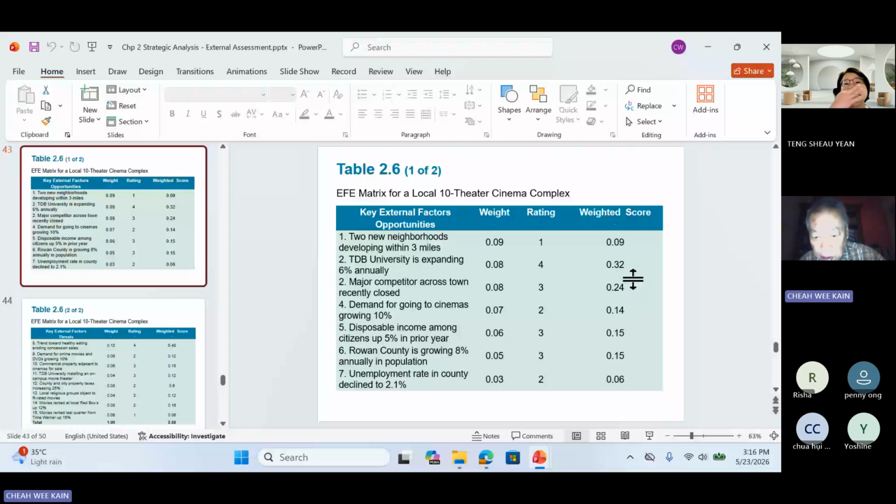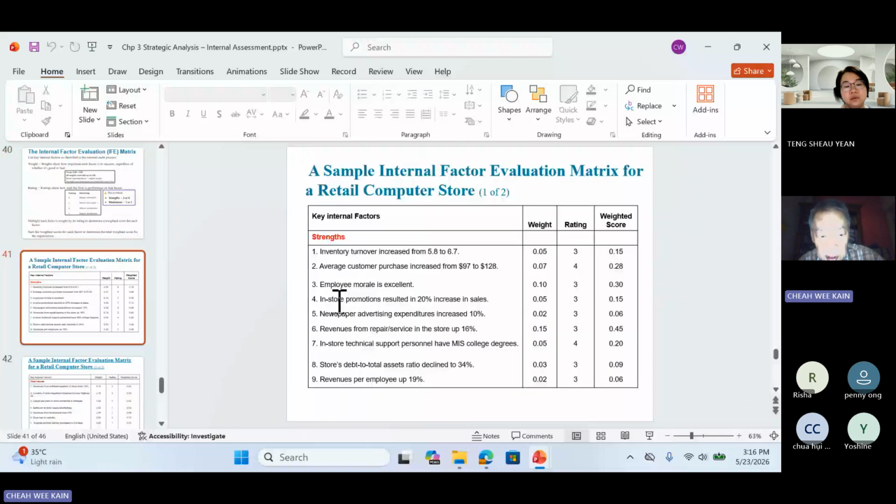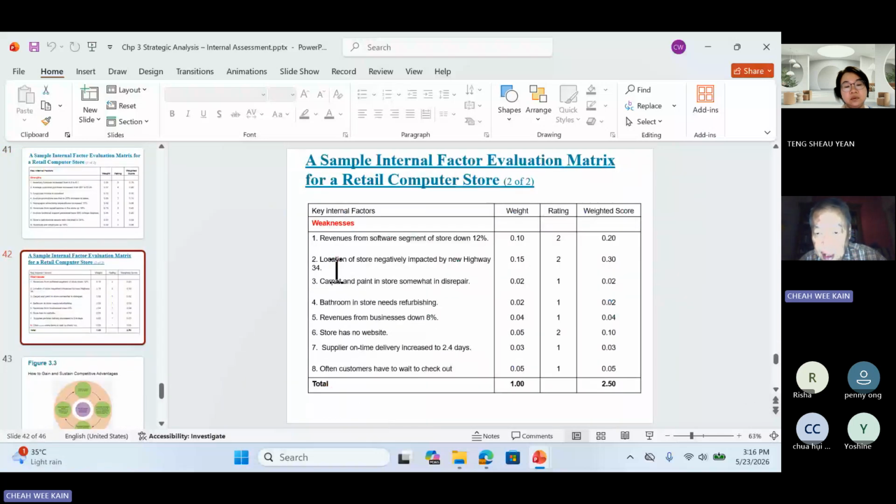Now if you go to chapter 3, you will have the same thing for your internal factor evaluation. You have all the strengths and all the weaknesses, and you put the weight and your rating.